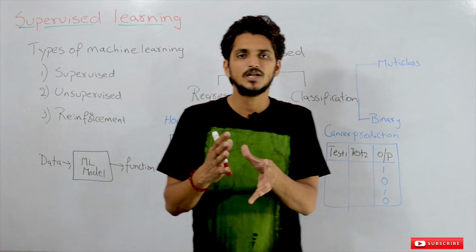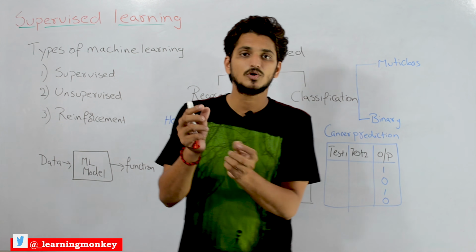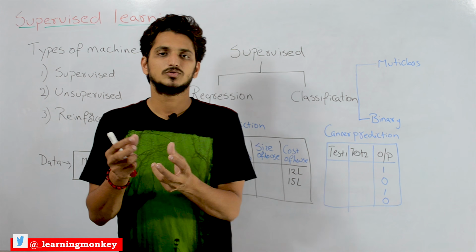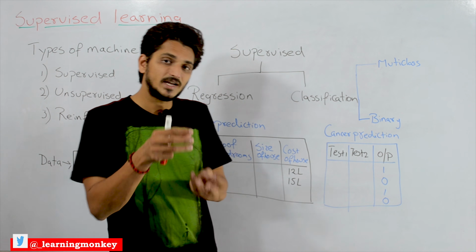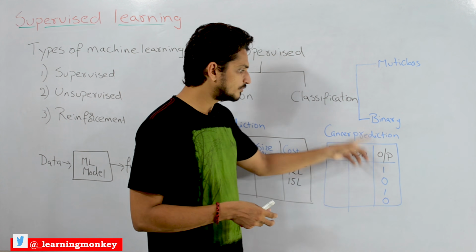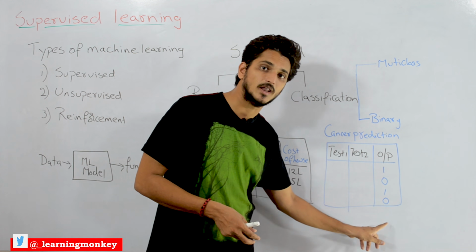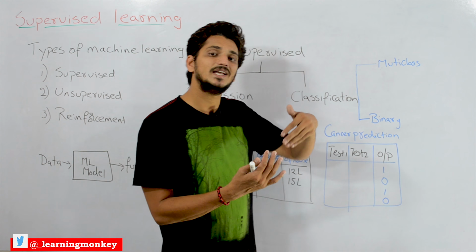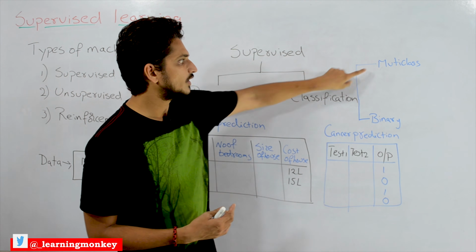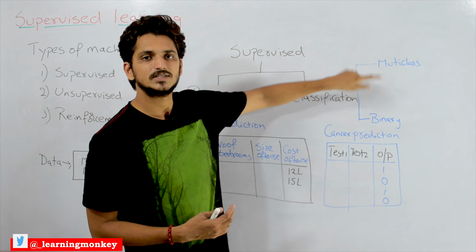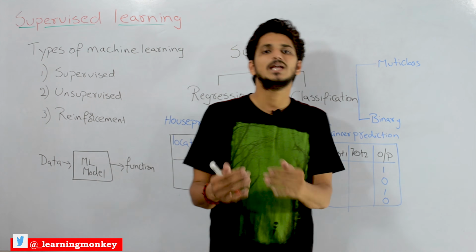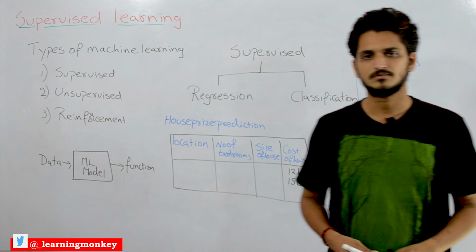So in total, 10 different types of numbers you have to identify. The output may be 1, it may be 2, it may be 5, it may be 6, it may be 9, it may be 0, a total of 10 different classes. We call it 10 class classification. Above 2 we call it multi-class classification.